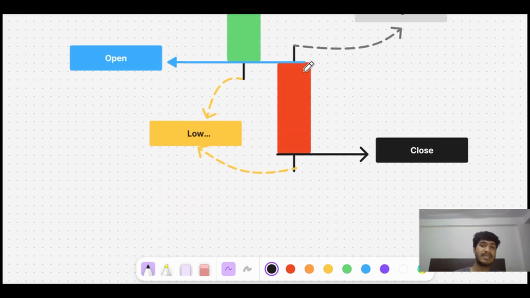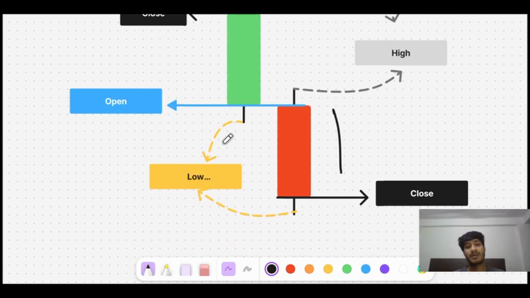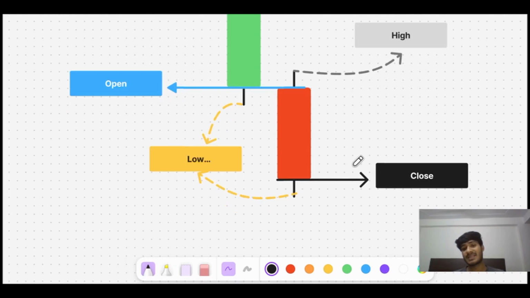And if we look at the bearish candle, then high and low will be the same, but open and close will be different. Here the open will be the same, but after that the stock moves down because this is a bearish candle, and then this will be the closing price. But here if you see, the close in a bullish candle forms above, but the close in a bearish candle forms below.